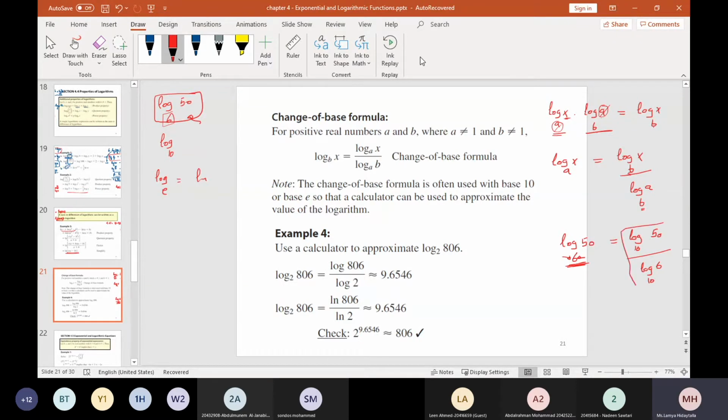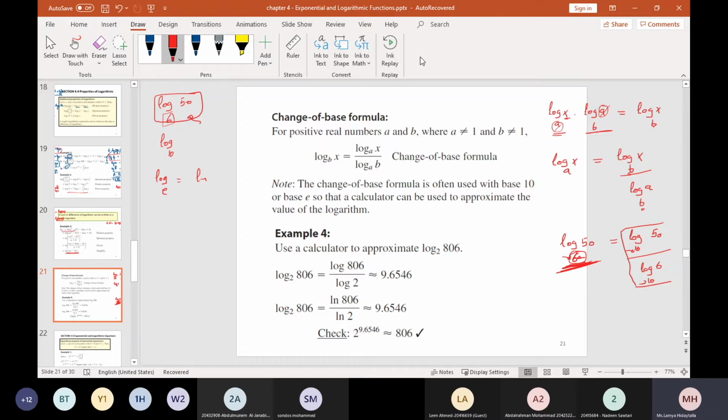So the rule says this value is the same as this value, and try it on the calculator. So instead of base 6, we evaluate it to the base 10: find log 50 to the base 10, and then divide it over log 6 to this base, which is 10.